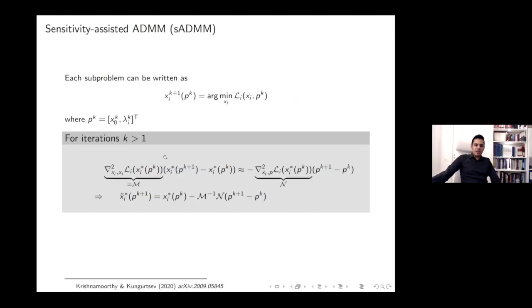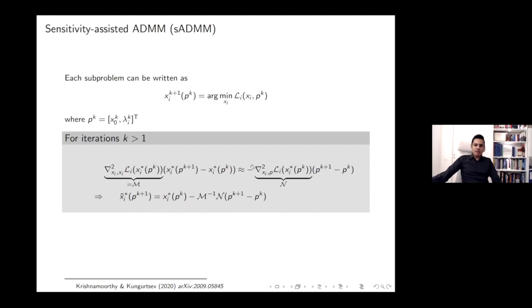And what we do here is, again, we use the tangential predictor. We can solve a system of linear equations at subsequent iterations instead of solving the subproblems as a full NLP at each iteration.